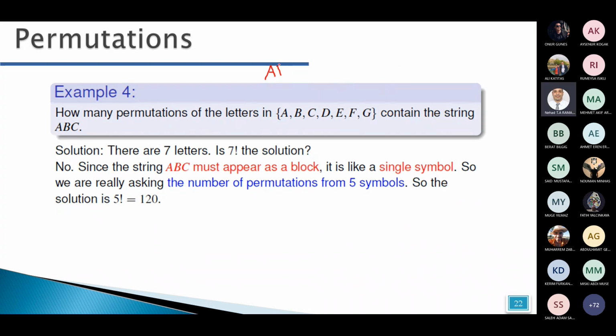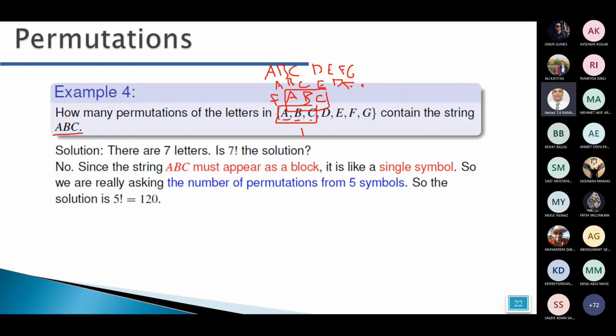It must contain A, B, C, then you can make D, E, F, G, you can make A, B, C, E, D, F, G, you can start with F, for example, F, A, B, C. A, B, C here is like one letter because it must appear as A, B, C. So we cannot consider A, B, C different letters. It's one block because the string must contain A, B, C.